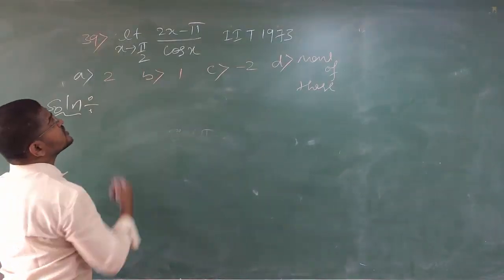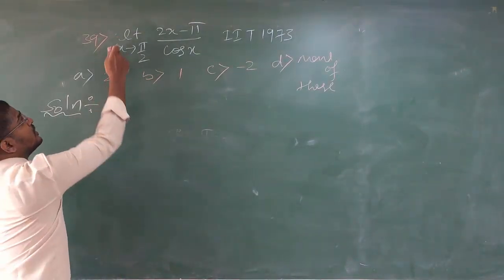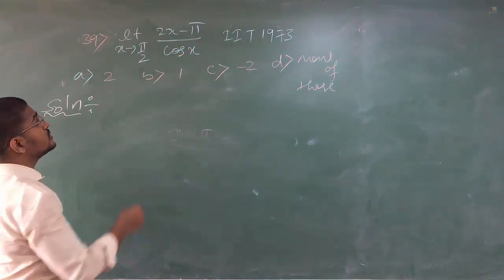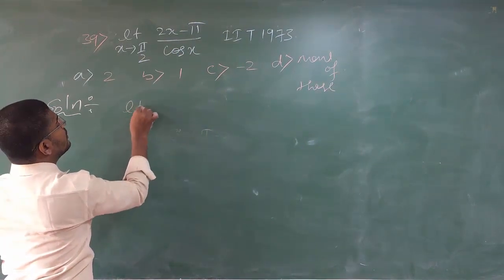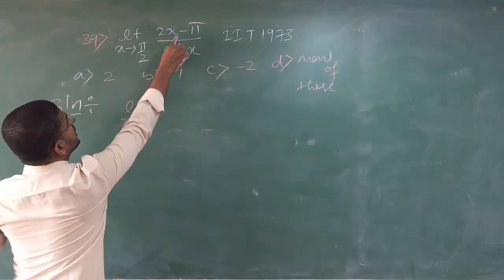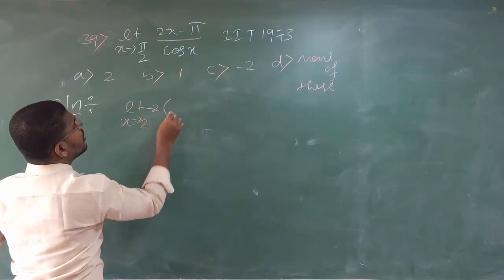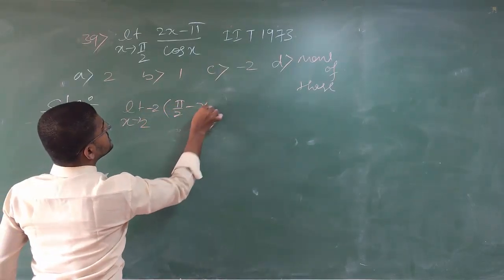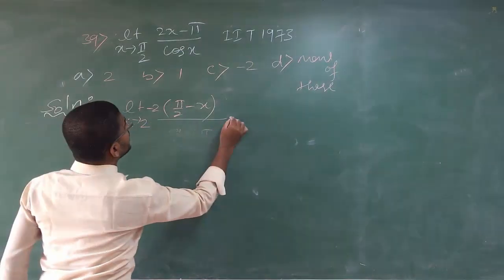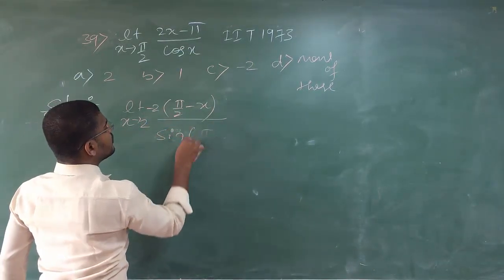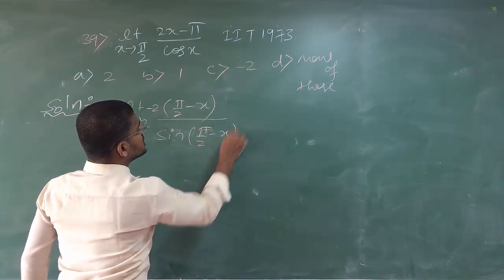Okay students, now let us go for problem number 39. Limit x tending to pi by 2, 2x minus pi divided by cos x. So what you are going to get? Take 2 common, minus 2 common, you are going to get pi by 2 minus x, divided by cos x, which can be written as sine of pi by 2 minus x.